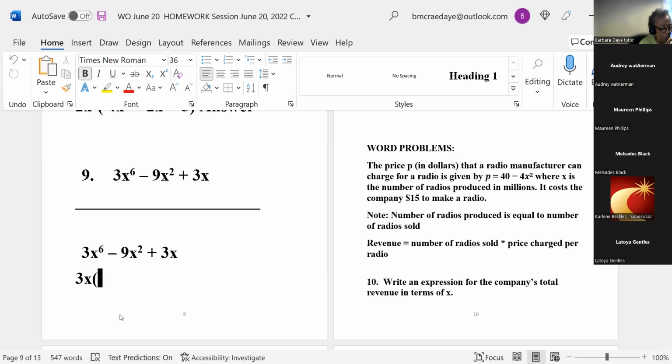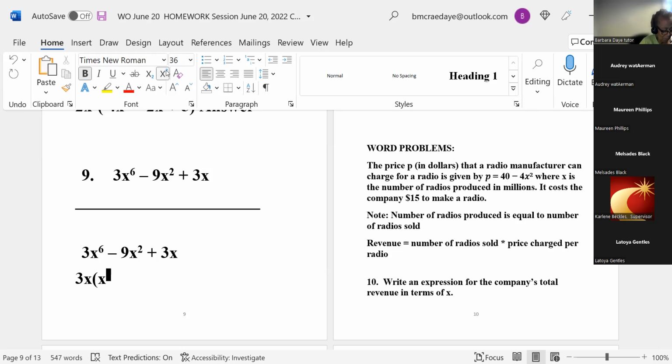X to what power times x gives x to the 6? Remember, you add exponents for multiplication. So x would have to be what power for me to get 6? 1 plus what gives 6? 5. That's right.